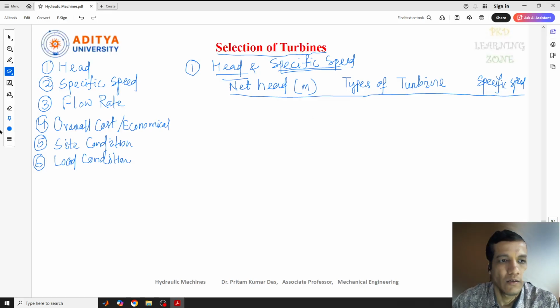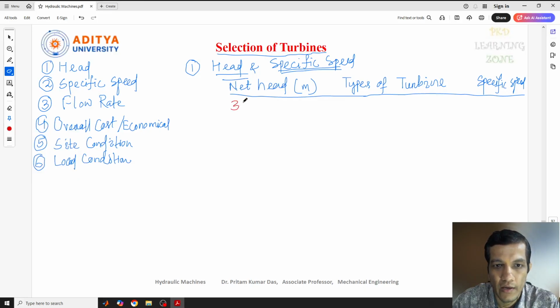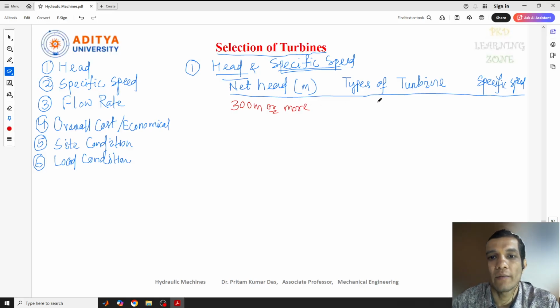Let me use a different color. First, the net head: when the net head of the turbine is more than 300 meters, what kind of turbine can be selected?